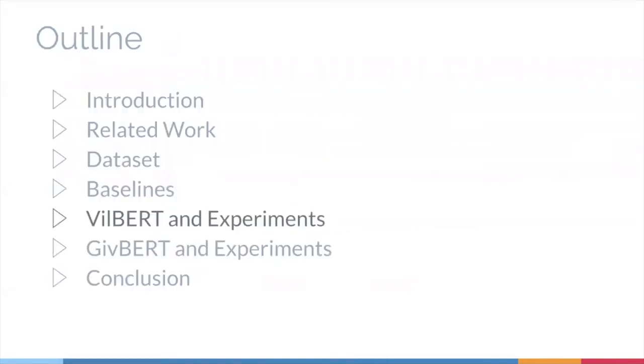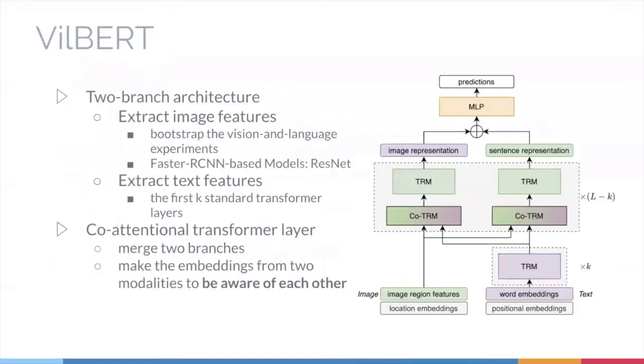Okay, so in the next section, I'll talk about GivBERT and its related experiments. GivBERT, which is based on BERT, is designed as a two-branch architecture. One branch extracts the image features ahead of time to bootstrap the vision and language experiments.